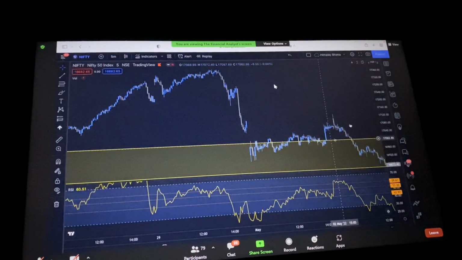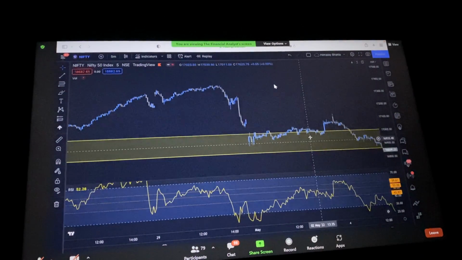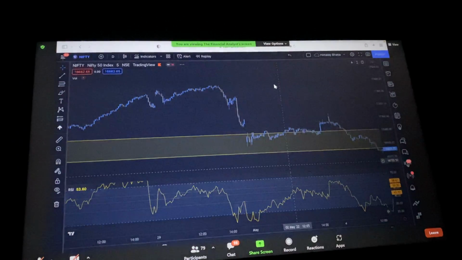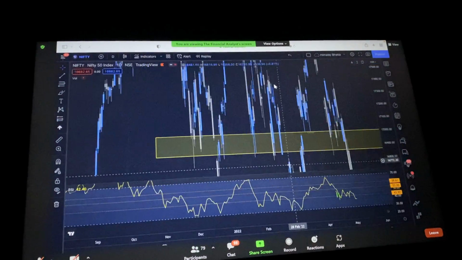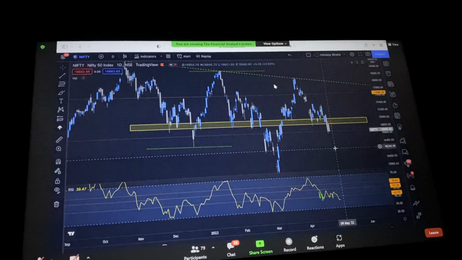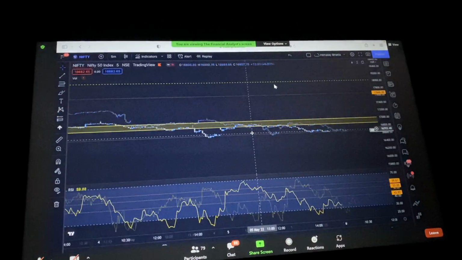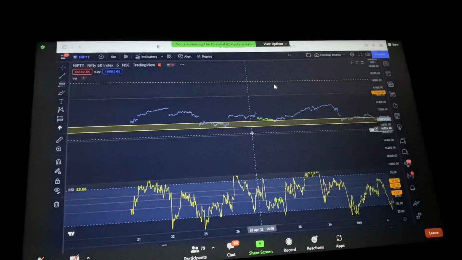But यहाँ पे cool off क्यों नहीं work किया? Remember, because this is a day chart support level. ये जो मैंने yellow barrier बनाया है, this is a day support level. So I can't just simply go short over there. So that you need to understand. So first, always make your support resistance levels on a bigger time frame, your day chart. I'm not talking about the RSI. उसके बाद 5 minute पे आओ. After that, if I come to my 5 minute, that is why we did not trade the RSI cool off over there.